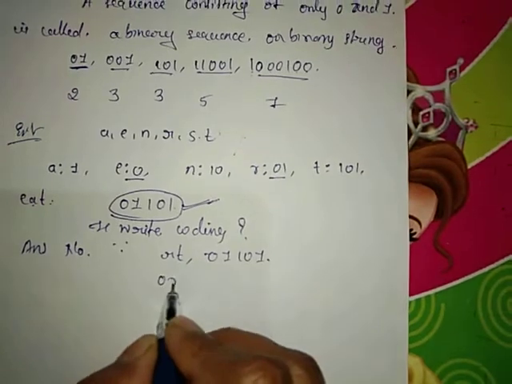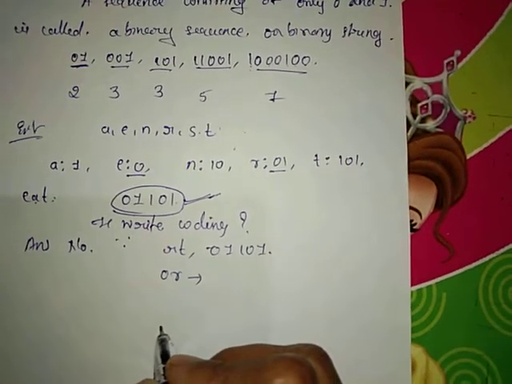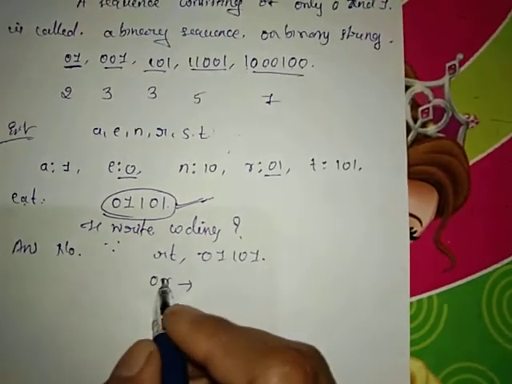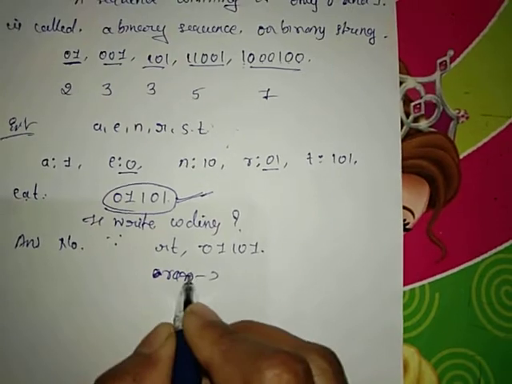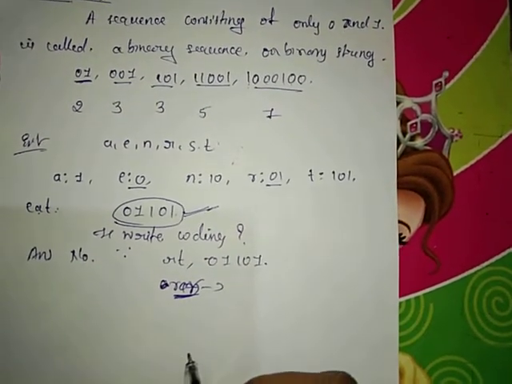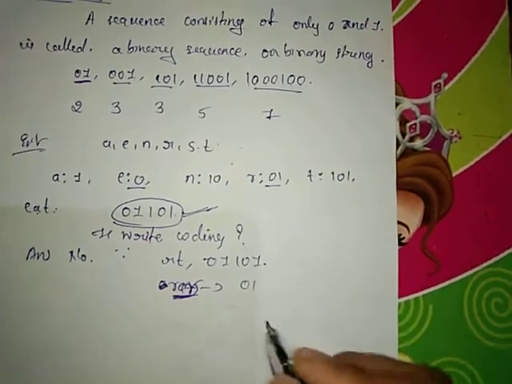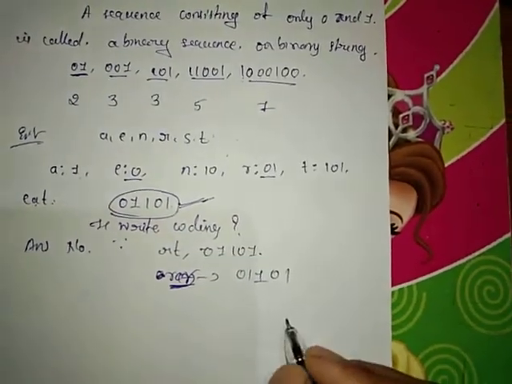Similarly, consider the word RAR. R is 01, A is 1, R is 01.